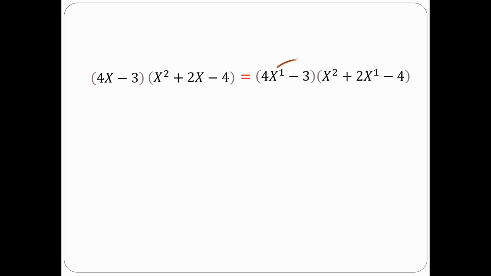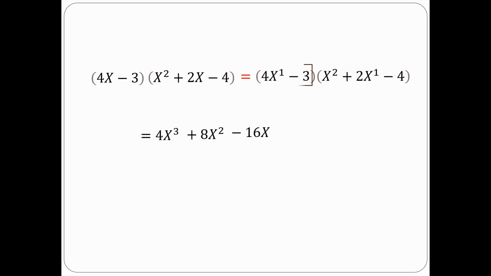Now let's multiply 4x to x squared, and that is equal to 4x cubed. Next, multiply 4x to 2x, and that is equal to 8x squared. Then we multiply 4x to negative 4, and that is equal to negative 16x.